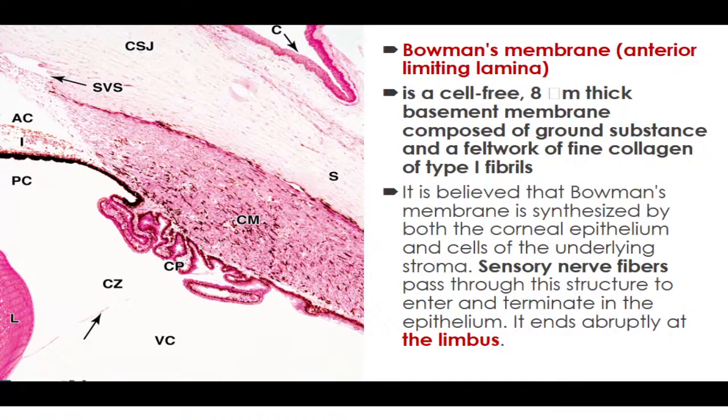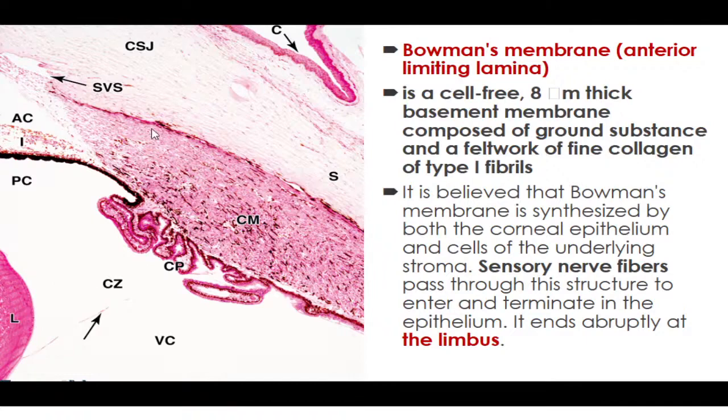And next we have to see the limbus here. Look at this one; it's very clearly visible. This is the ciliary muscle, which joins with the lens. This is the lens.